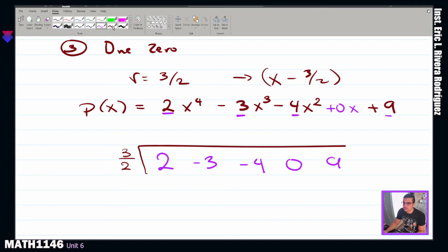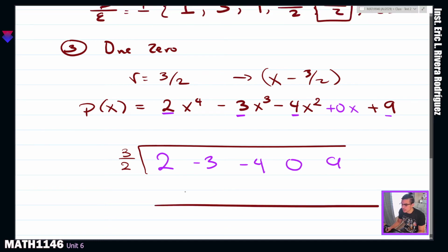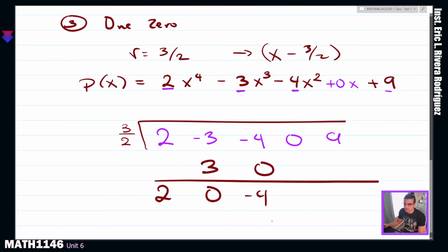Now, let's apply the properties. Going down, we add. Going up, we multiply. 2 times positive 3/2, that gives me 3. We add and we get 0. 3/2 times 0 is 0. We add going down and we get -4.